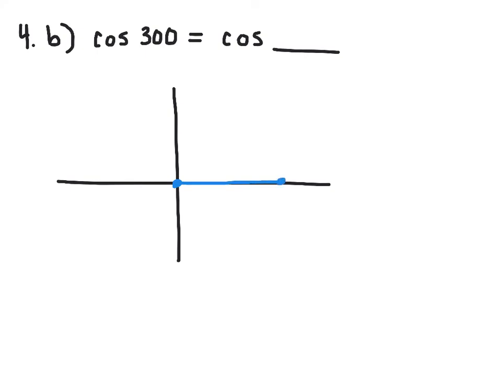We know that if you were going to get into the 300, it has to be after 270, but less than 360. So cos of 300 is going to be in this quadrant here, up into this, like this. And this is 300.